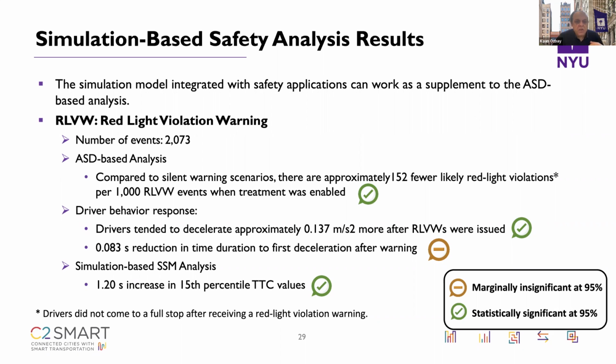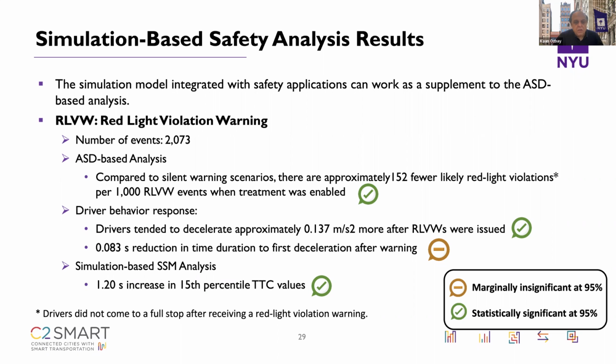That means overall the apps helped reduce the number of red light violations compared with the before period, where there was no such warning. The driver response was also significant in terms of decelerating to avoid running the red light.